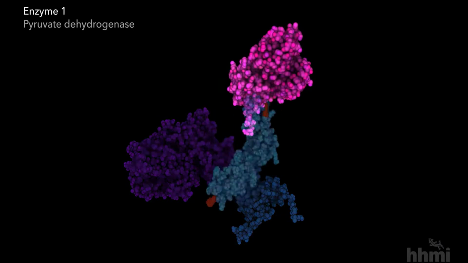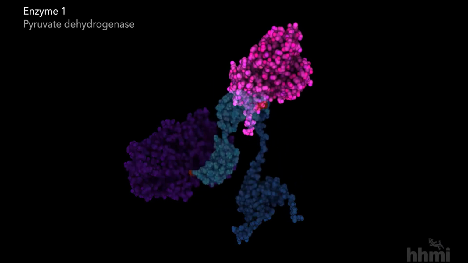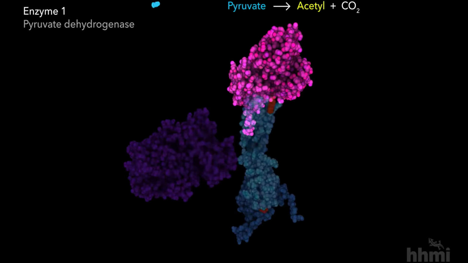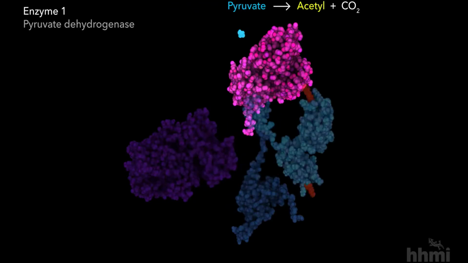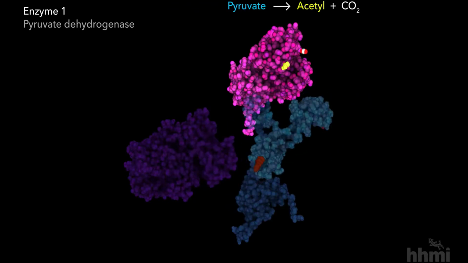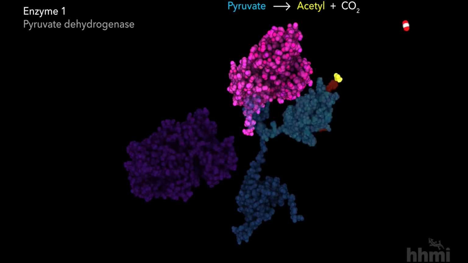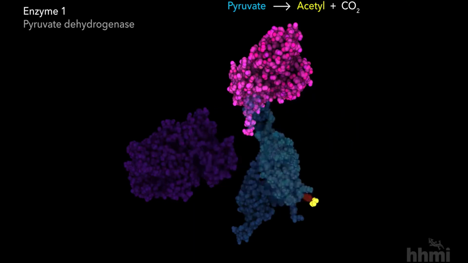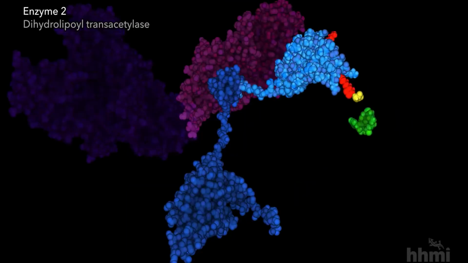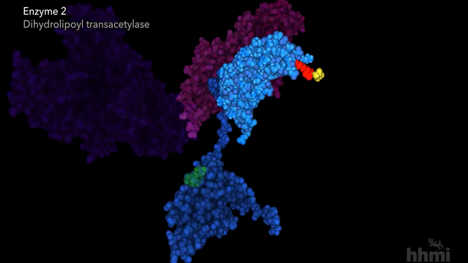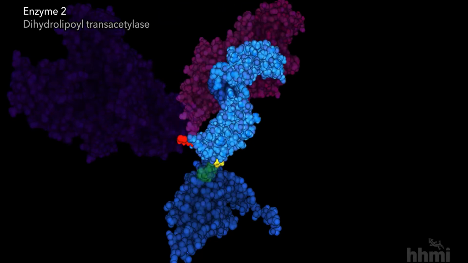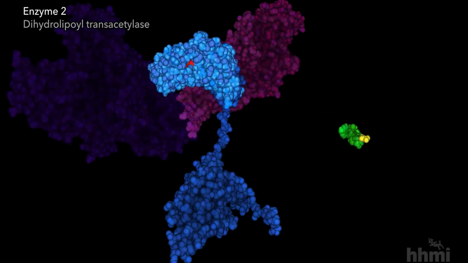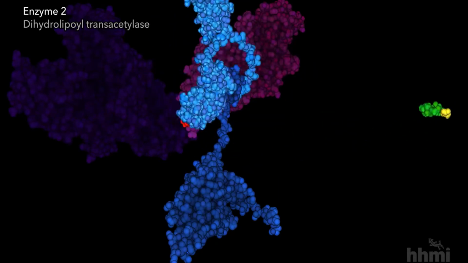The first enzyme catalyzes decarboxylation, transforming 3-carbon pyruvate into a 2-carbon acetyl group, generating carbon dioxide as waste. The acetyl group is then grabbed by the second enzyme, using flexible arms to efficiently transfer the product between reaction sites.